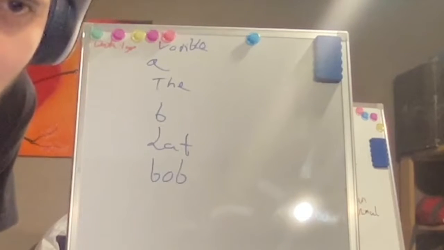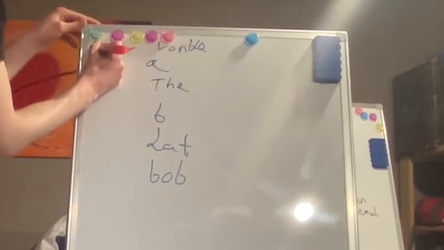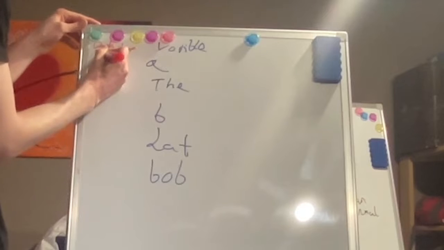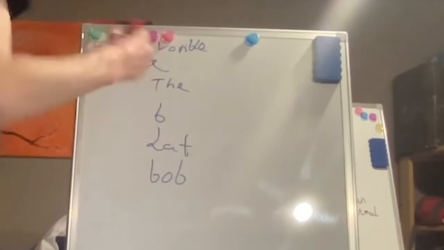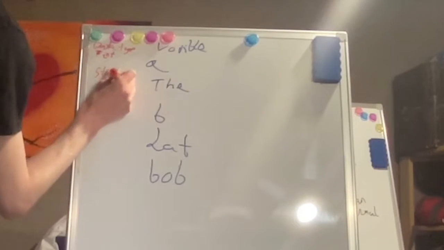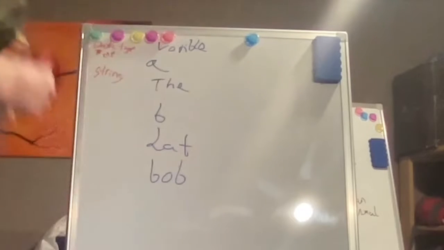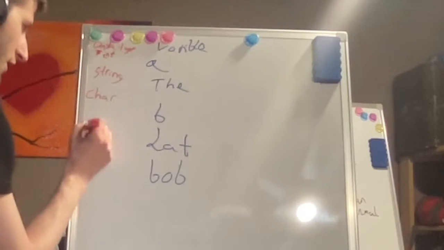For example, A could be int, so this can store whole numbers. The could be a string. If we write string there, the is now a string. B could be char if we want to, and dat could also be a char.